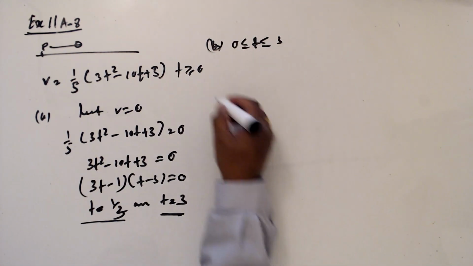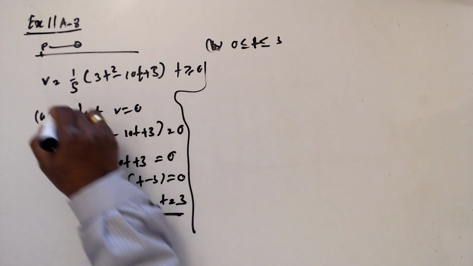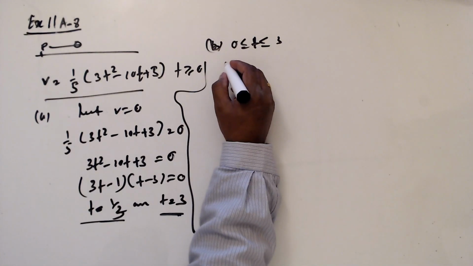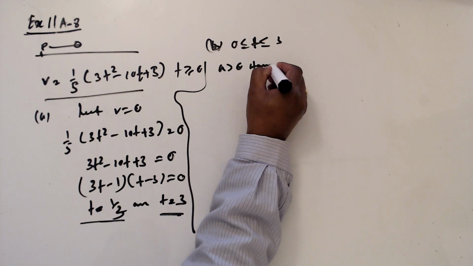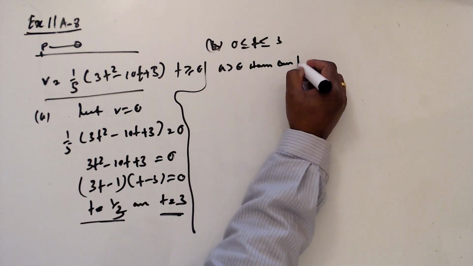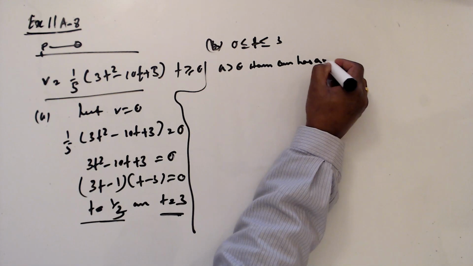So we need to get an idea about the curve. This is a quadratic curve, a greater than 0, hence the curve has a minimum.